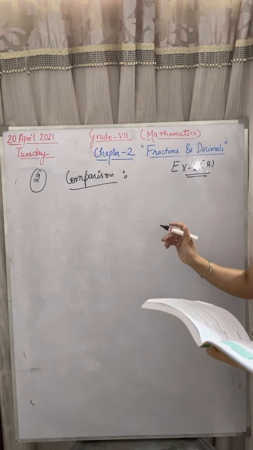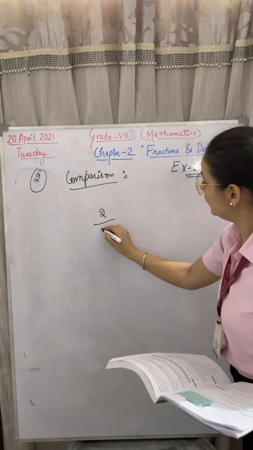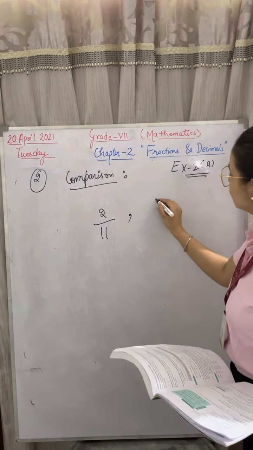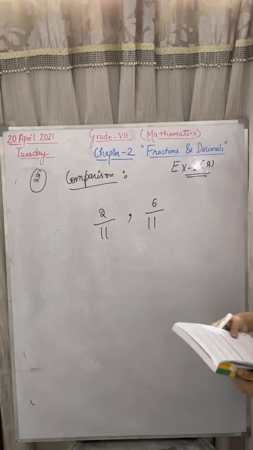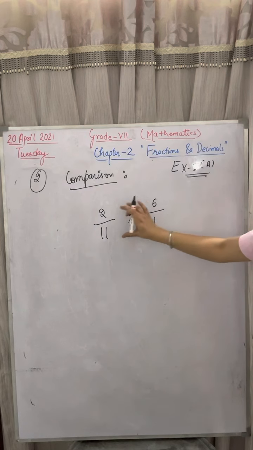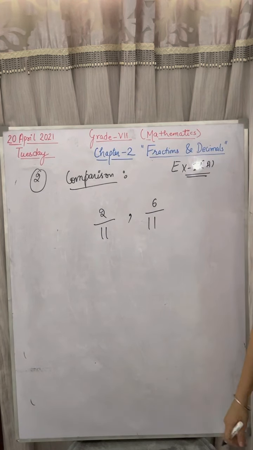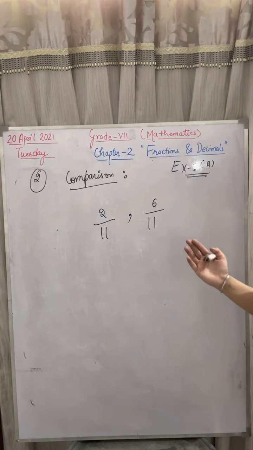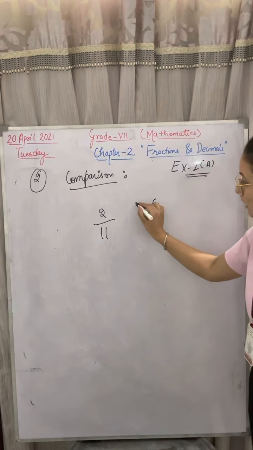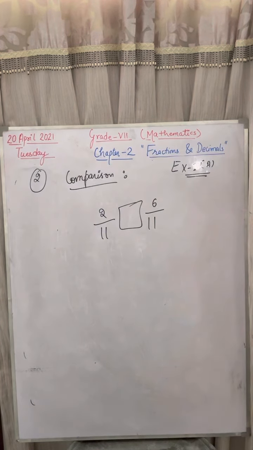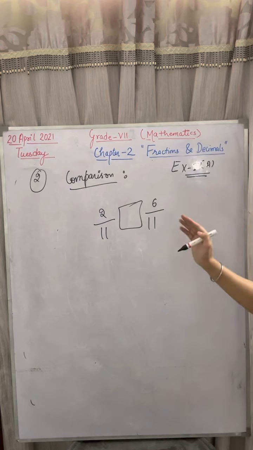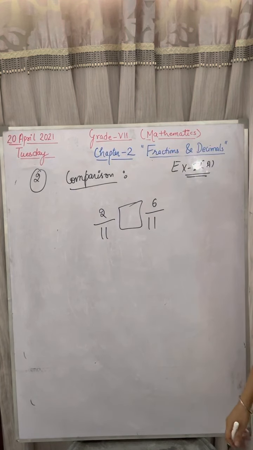Suppose I have 2 by 11 and 6 upon 11. If I ask you which fraction is bigger, how can you say which one will be bigger? Hazel, very good.